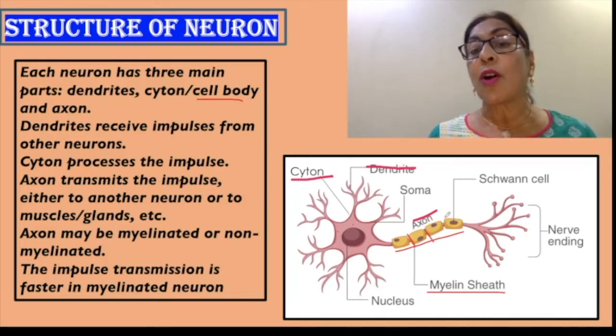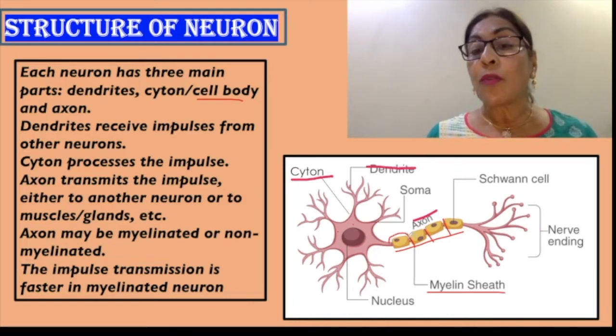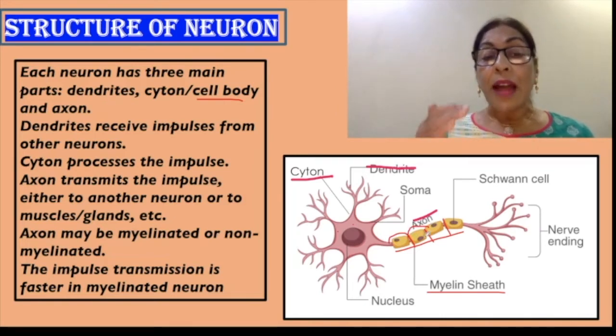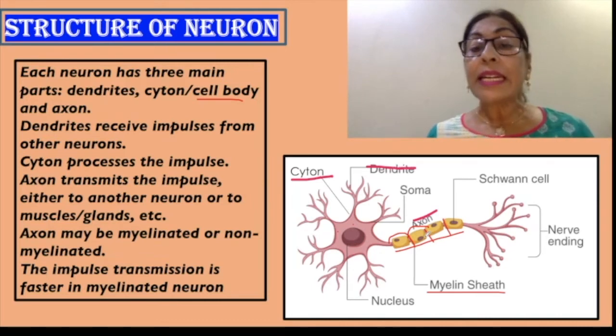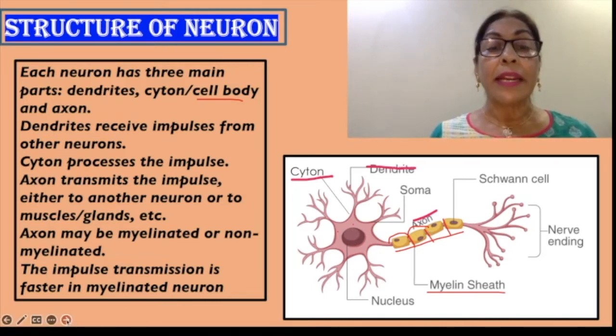This gap is called nodes of Ranvier. Because of these nodes of Ranvier, electrical impulses move directly from one node of Ranvier to another, and therefore transmission in a myelinated sheath is much faster than in the unmyelinated sheath.